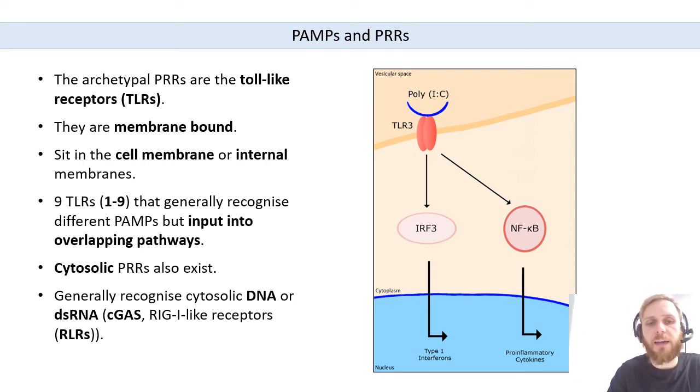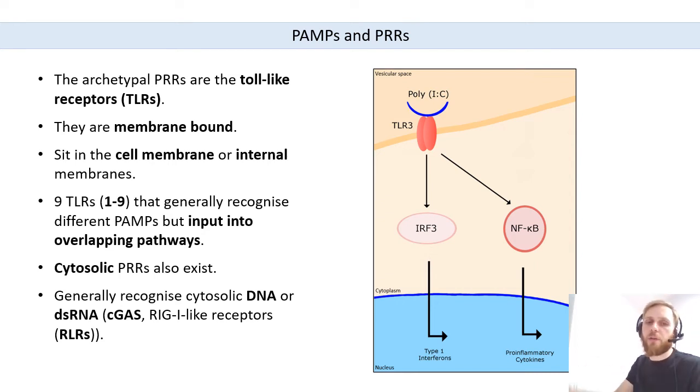When the TLR is activated, there's downstream activation of transcription factors like IRF3 or NF-kappa B, and these transcription factors then activate a range of different signaling molecules and proteins to be expressed. So there are these changes in host cell expression, and these changes are a downstream consequence of the activation of pattern recognition receptors.